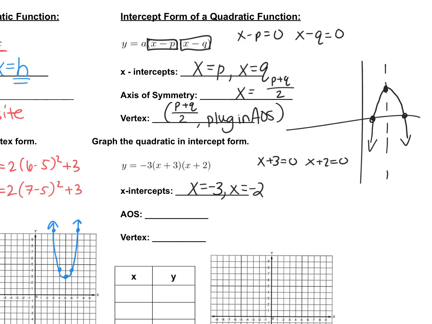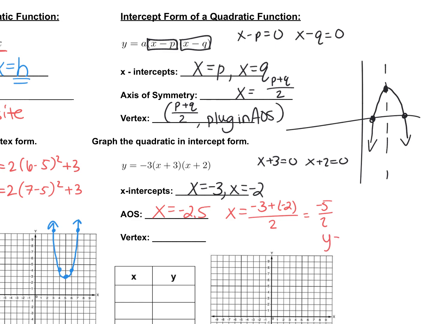Now my axis of symmetry, I need to find the average of those. So I'm looking for the middle. So I'm going to take negative 3 plus negative 2 divided by 2. So that's going to be negative 5 over 2. And I have x is equal to negative 2.5. So now I want to go ahead and plug that into my equation.